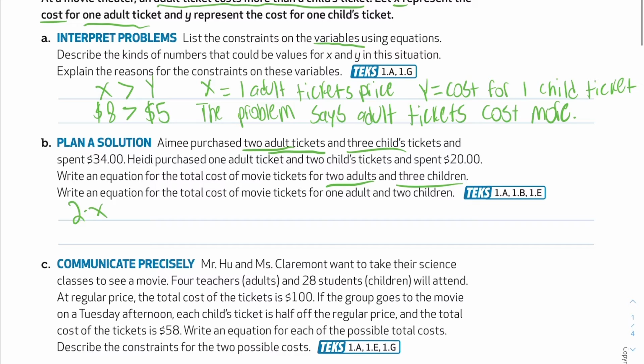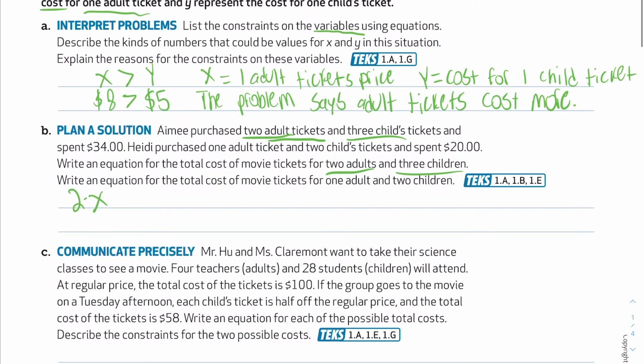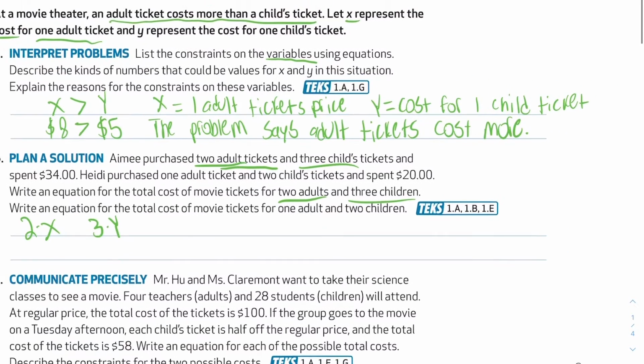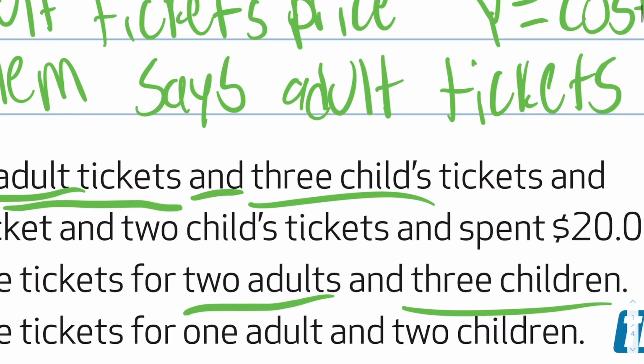2 times X. We're just trying to shorten the story by using math variables. 2 times X is 2 adult tickets. 3 child's tickets is going to be 3 times Y. You don't really have to put that dot there, but I'm putting it to be very specific. We're multiplying. But you don't just have 2X and 3Y. What does "and" mean in math?